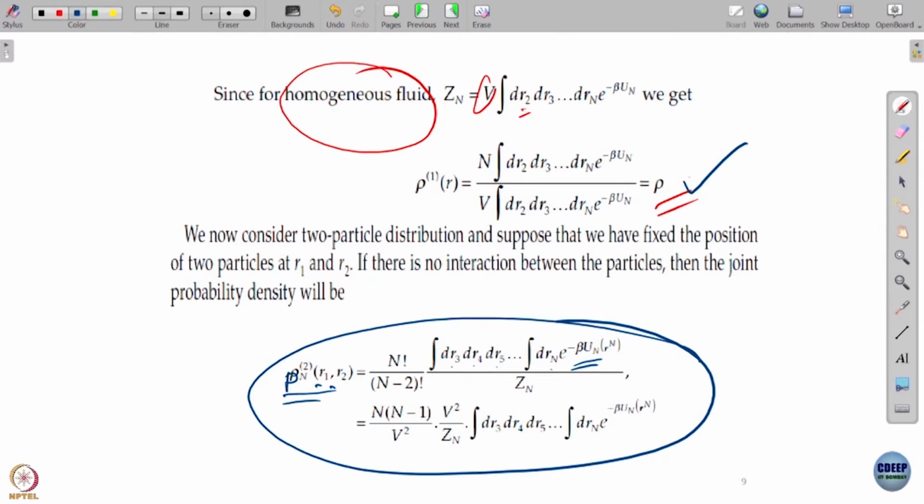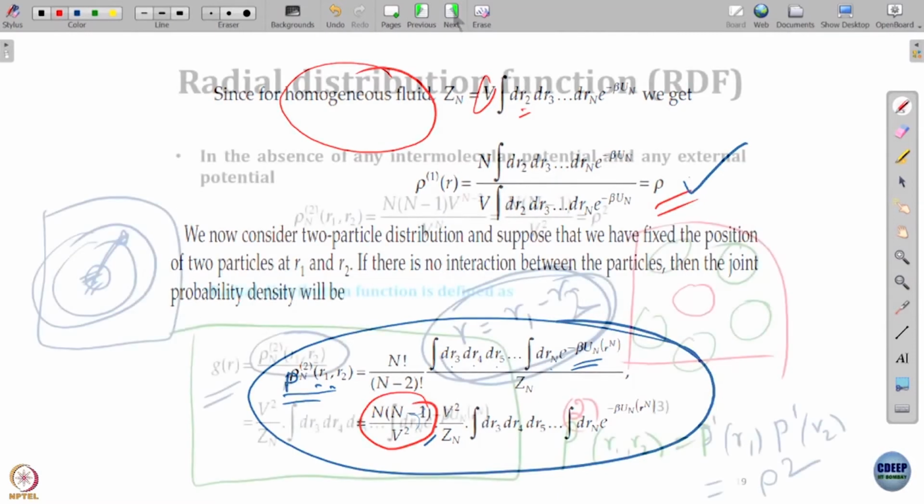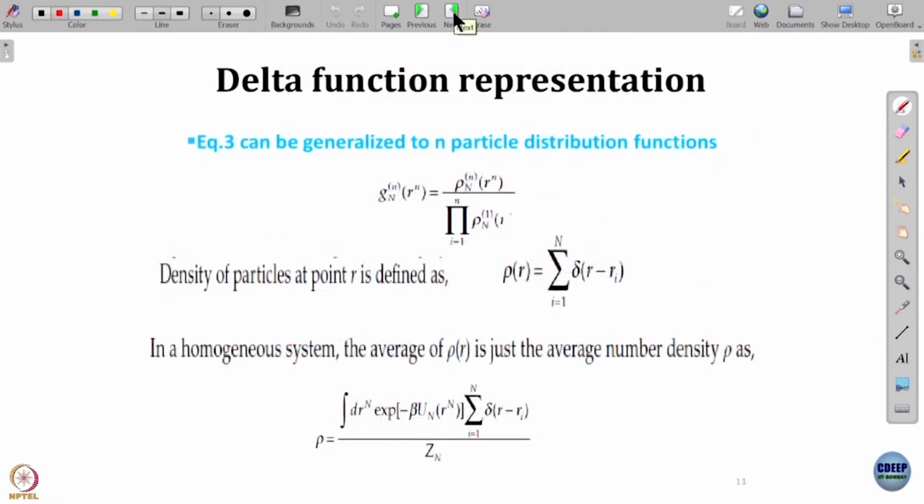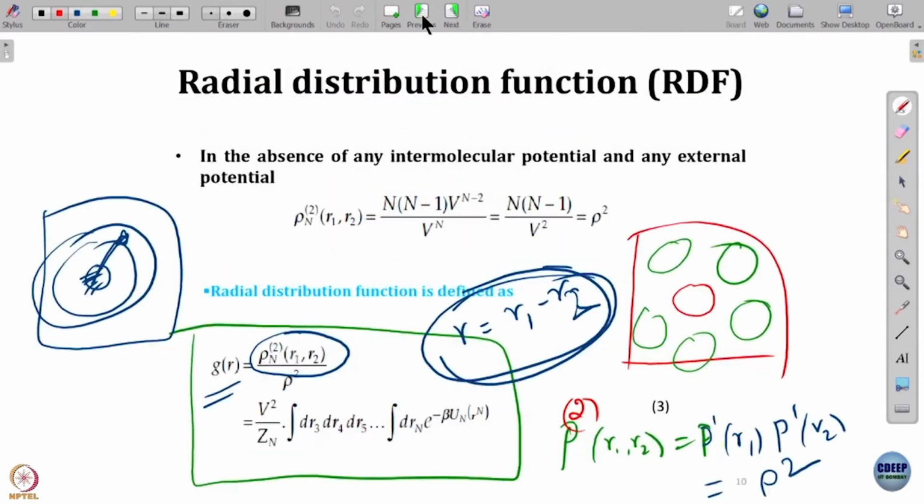As n goes to infinity, this quantity will be rho squared, and if they are not interacting, then Zn is V to the power n, and V squared times V to the power n minus 2 will come here. So I will get back these conditions. This is very cleverly written by multiplying and dividing by V squared. Okay, so the motivation of g(r) is now clear.